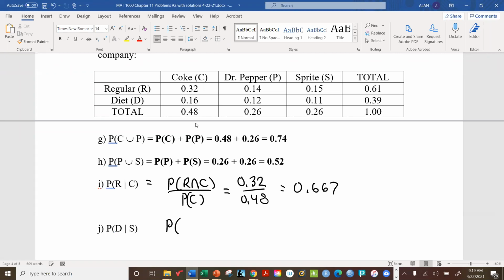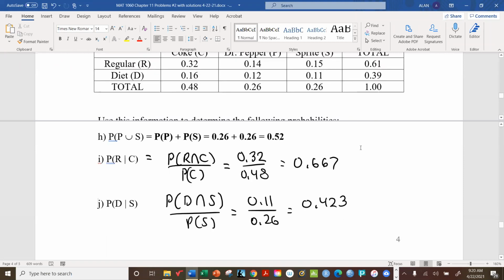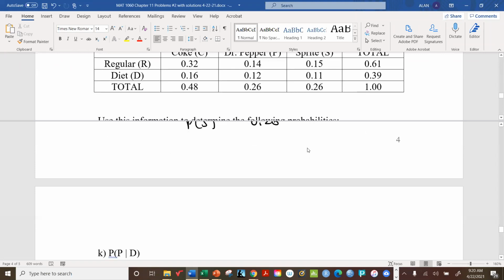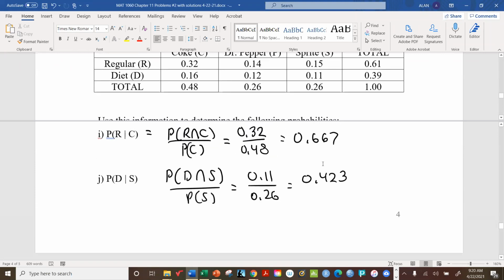All right, now for here we have D and S. So Diet Sprite is right here at 0.11. Sprite, though, has a total of 0.26. And so this is approximately equal to 0.423. All right. Oh, let me leave that there for a second.